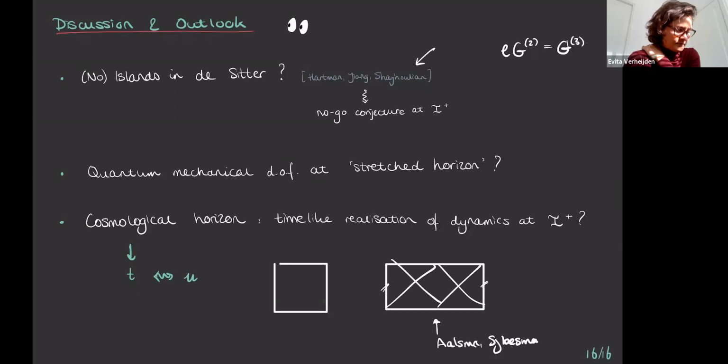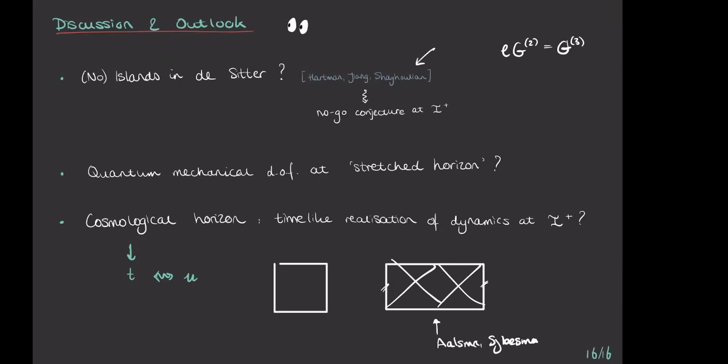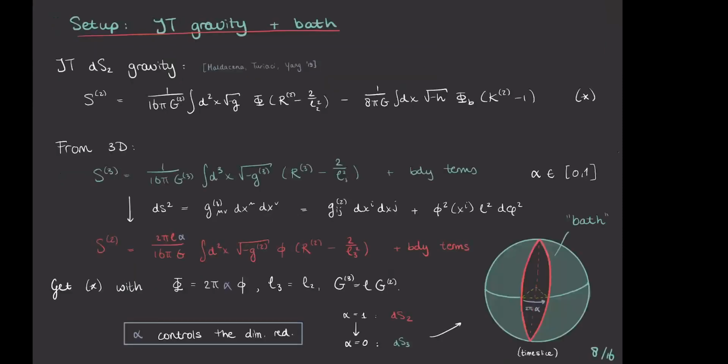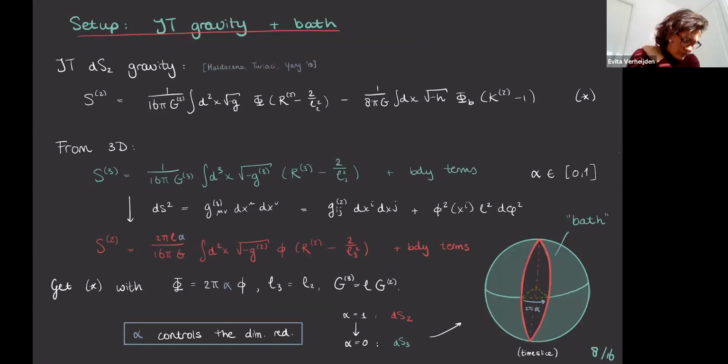So in what sense does two-dimensional gravity become, go to, what do you call it? Maybe let me go back to this slide. In what sense does two-dimensional gravity decouple? Well, okay, I see.